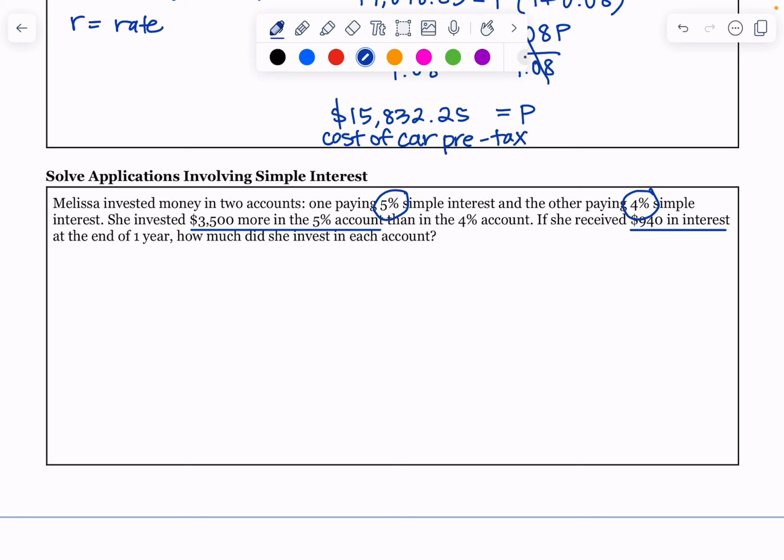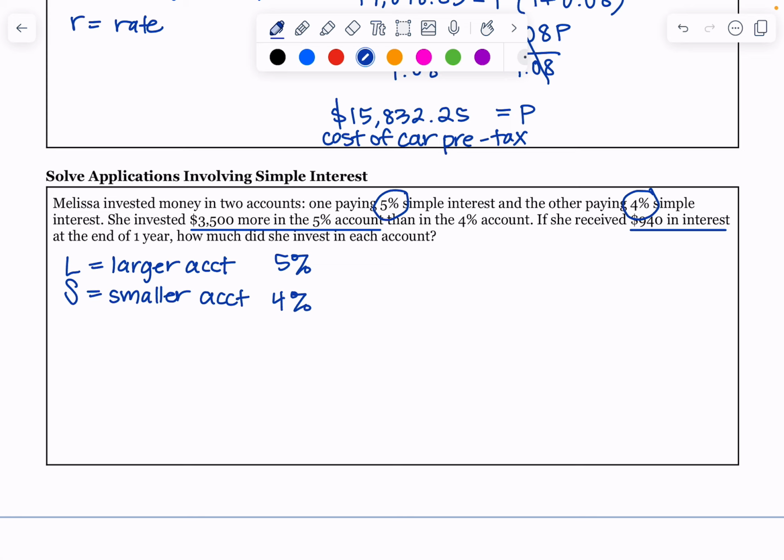So let's use some variables here. Let's make L the larger account, and let's make S the smaller account. And we know that the larger account has a 5% rate and the smaller account has a 4% rate.